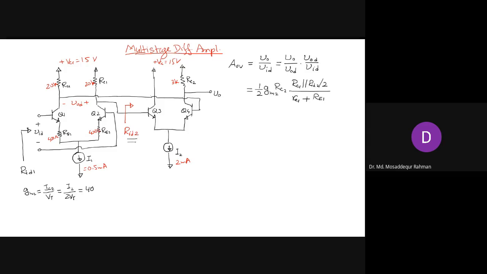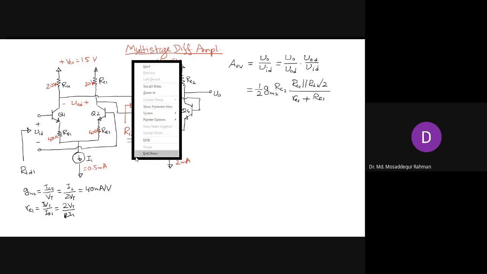What we calculated last class was 40 milliampere per volt. Then we also calculated the small re1. re is VT by IE1, where IE1 is the emitter current flowing here, which will be half of this bias current, so that will be VT by I1 over 2, that is 2VT by I1.